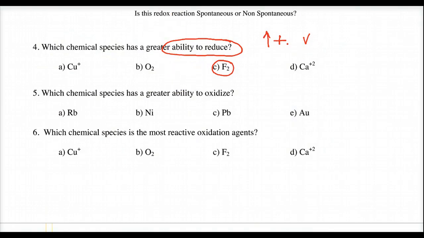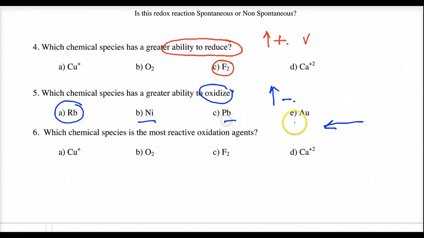Greatest ability to oxidize would be the one with the largest negative volts on this table because you're going the opposite way, and you're looking for a metal that's highest on your table. Of these choices, nickel, lead, and gold, rubidium would be higher.